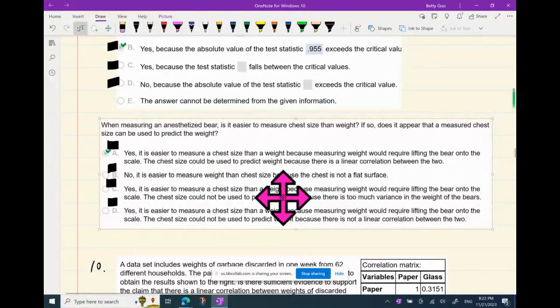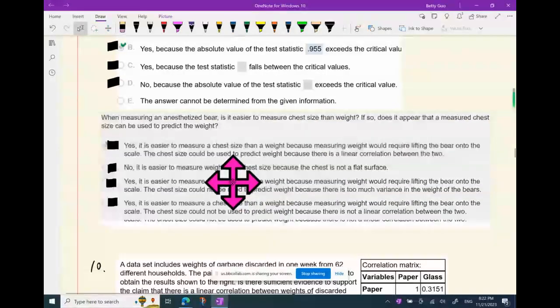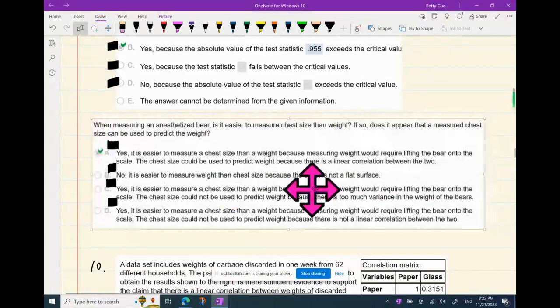You don't have to move the bear, because measuring the weight would require lifting the bear onto a scale. The chest size could be used to predict weight because there is a linear correlation between the two variables, and the linear correlation is pretty strong, 0.955. It is going to be a good prediction. All right, that's number 9.